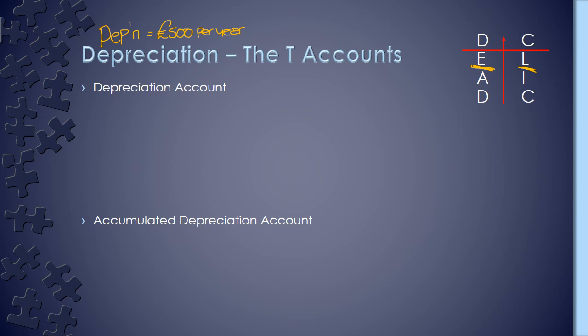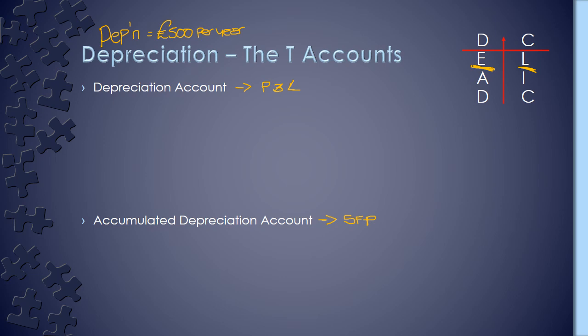Now the other difference about these accounts is that the depreciation account is going to be on your P&L, your statement of profit and loss, and the accumulated depreciation account is going to go to your balance sheet, your statement of financial position.